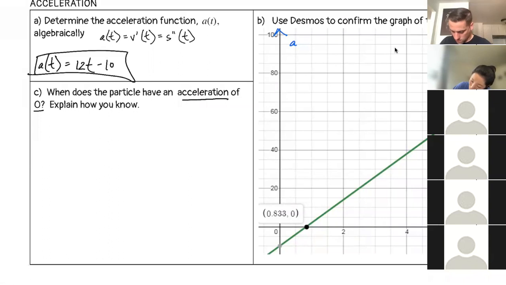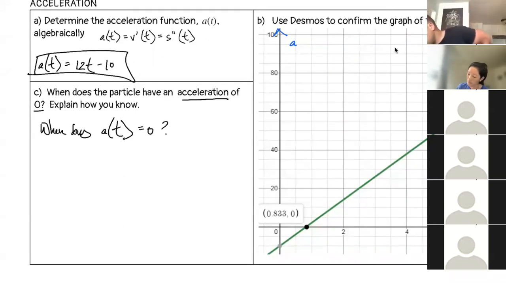So what we're looking for is when does a of t equal 0? Check out what we have on this graph. We've got a point, 0.833, which is the time when that particle is not accelerating.